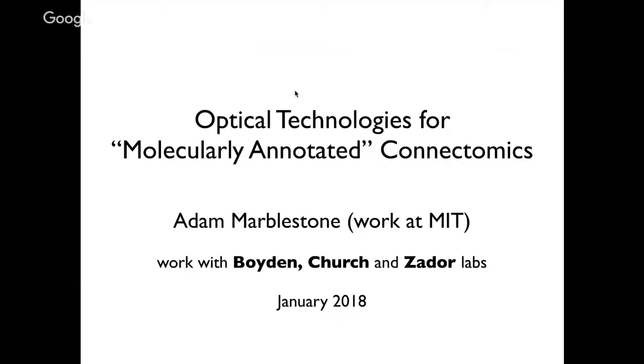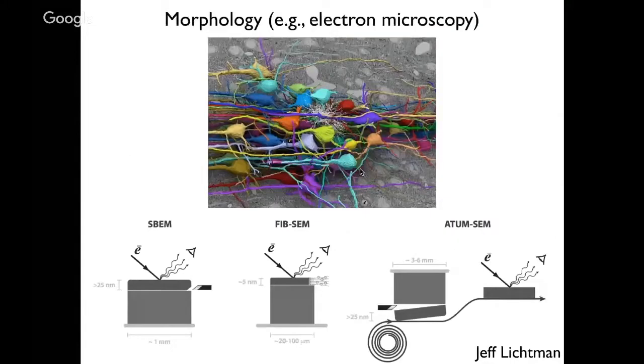And the purpose of what I'll be talking about is this notion of a Rosetta Brain, very comprehensive mapping of as large a volume of a brain as possible, ideally an entire brain. And this is describing work that's done in the Boyden Church and also Tony Zador's lab over the past few years.